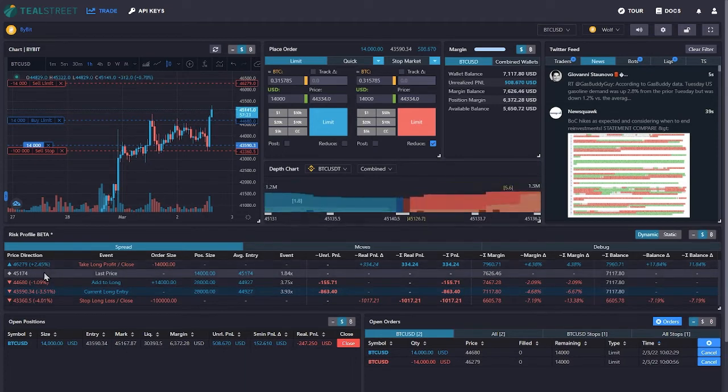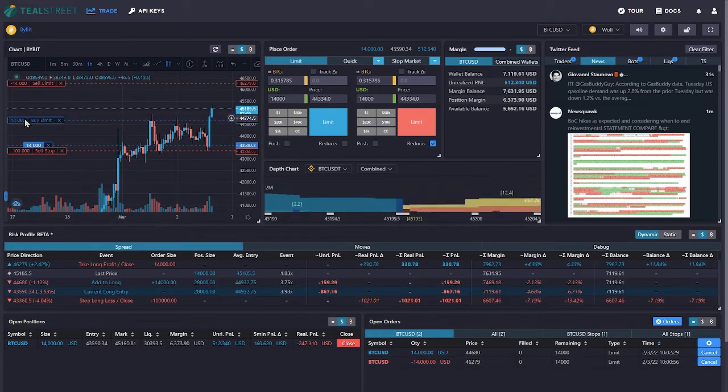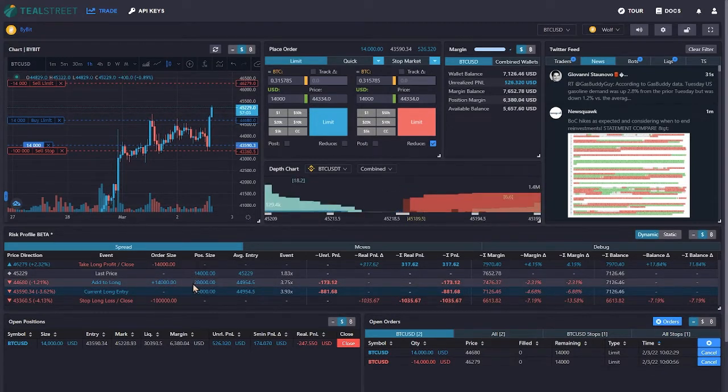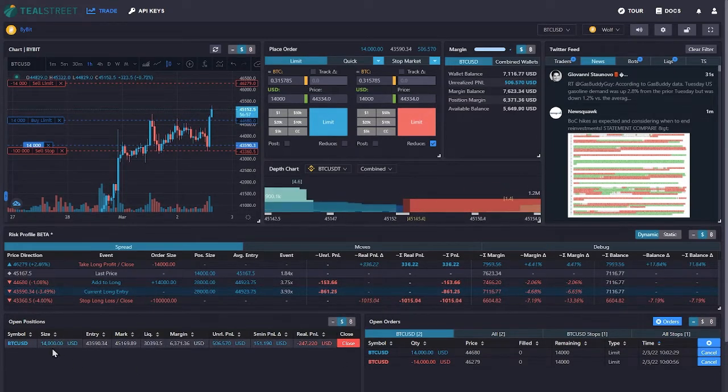So we're going to walk down, as you should, from the diamond again. This is the last price. So as price from the last goes down, it will hit this buy order of 14,000 contracts right here at the chart. And from there on, it'll make your position size 28,000 when originally it was 14,000, as you can see in the position panel.